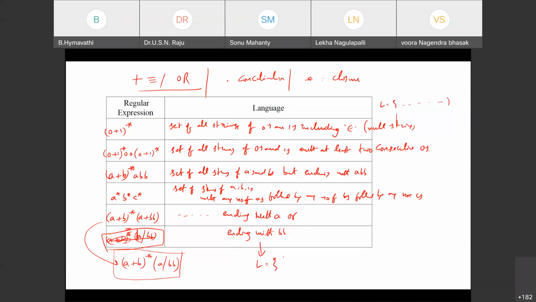Yes, very good. So this is the minimum string. There won't be any epsilon in this one. So as this is minimum, can you tell me the minimum number of states that I can have in that automata?